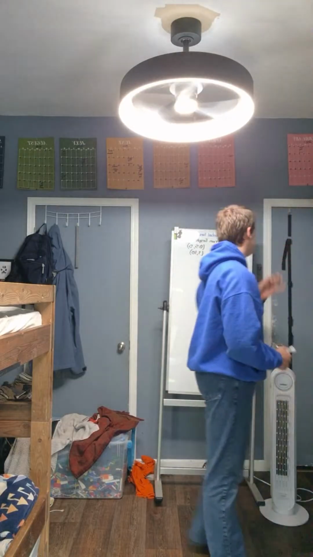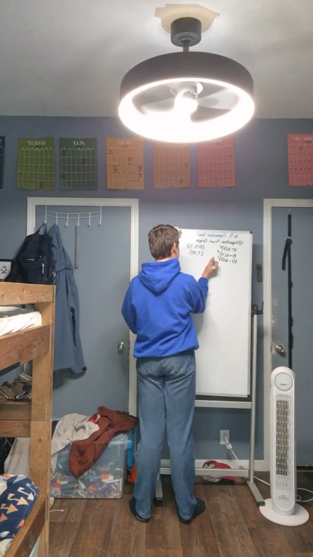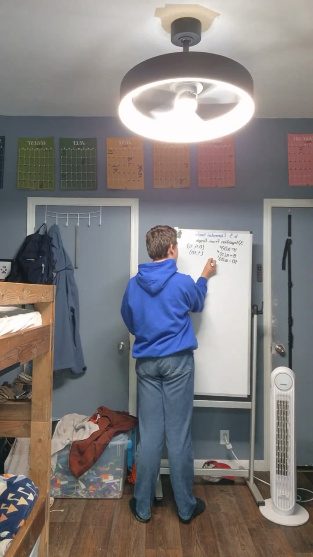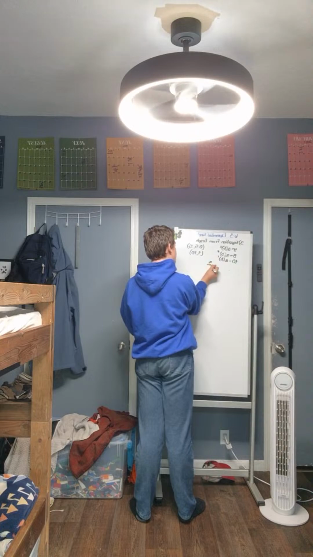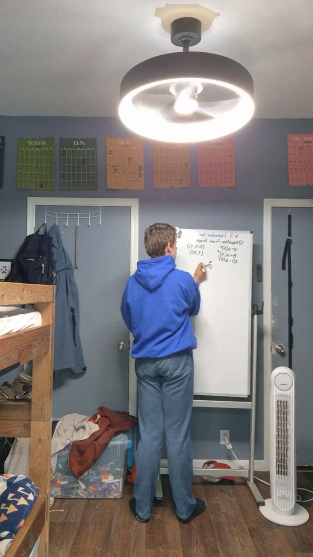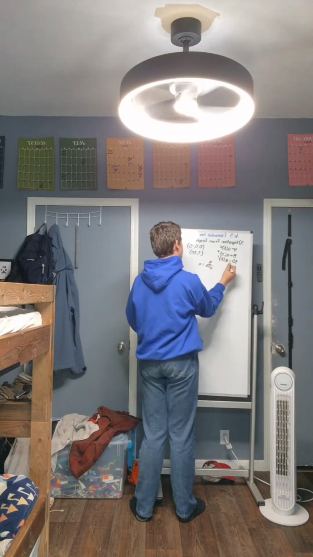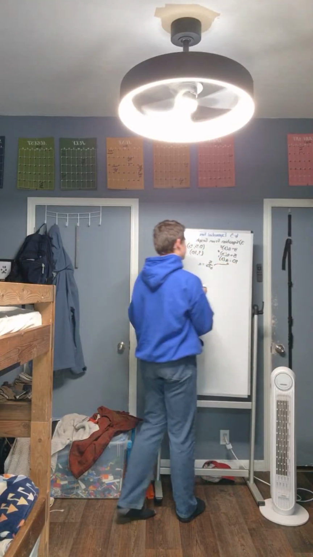Okay, step 2. We will solve for A. So 5 divided by B to the 0.5 equals A. So now we're going to plug this into this equation here.